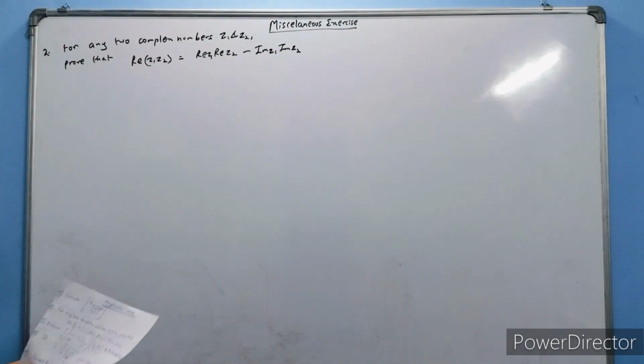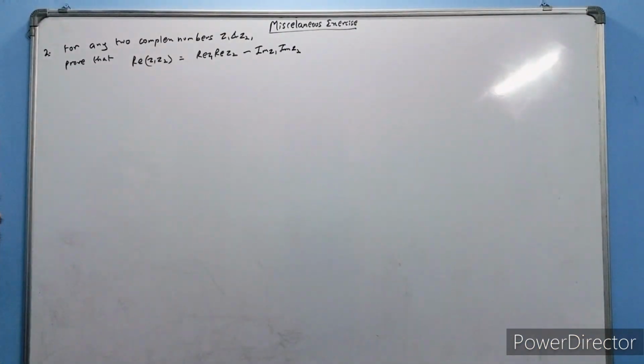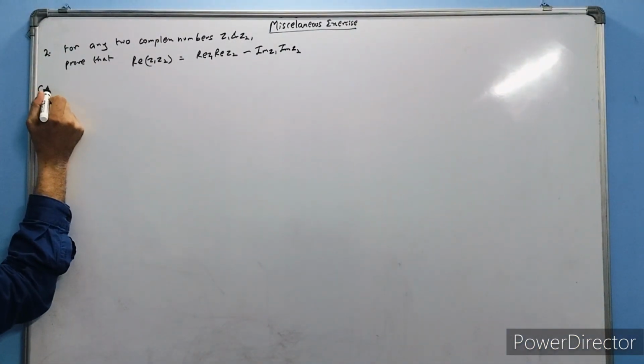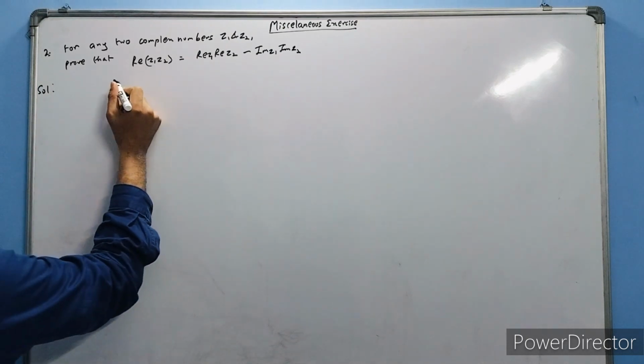We need to prove this for any two complex numbers, z1 and z2. So now let us try to solve.